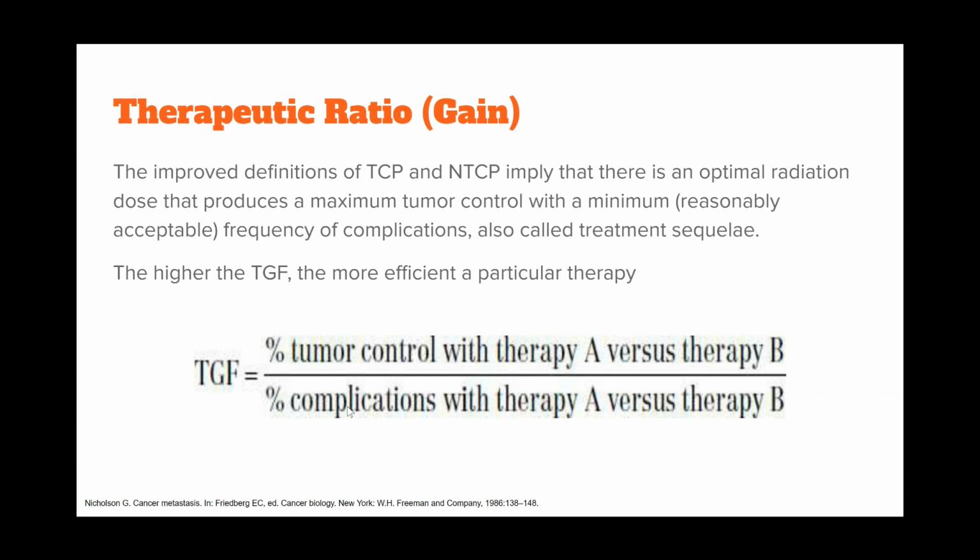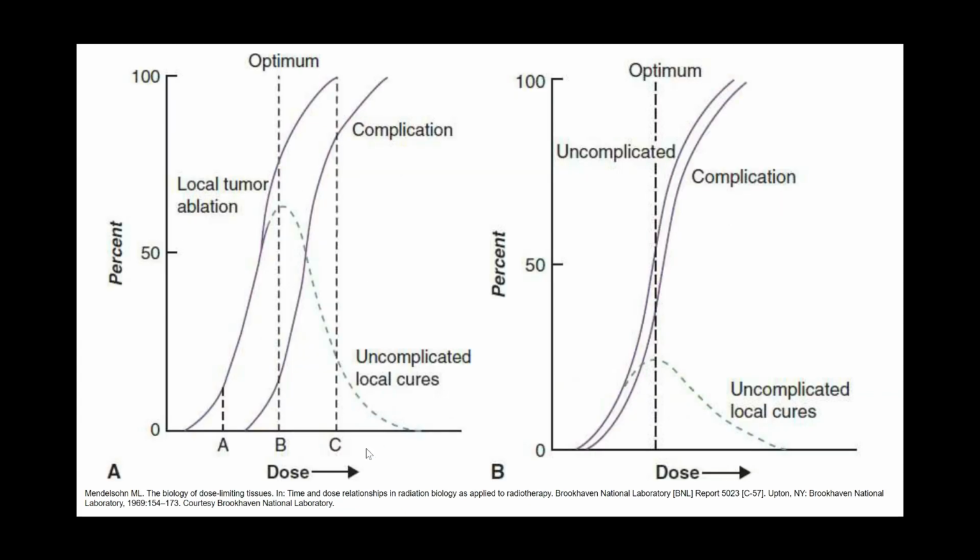So if you look at this graph here, you have the tumor control probability on one side and the normal tissue complication probability on the other side. This is for the tumor and this is for the normal tissue.